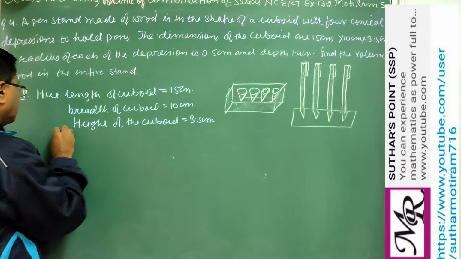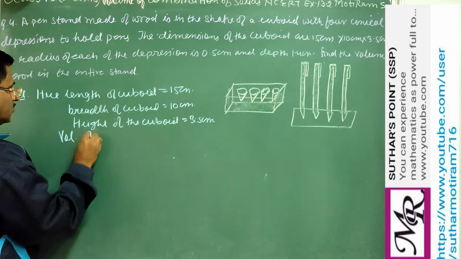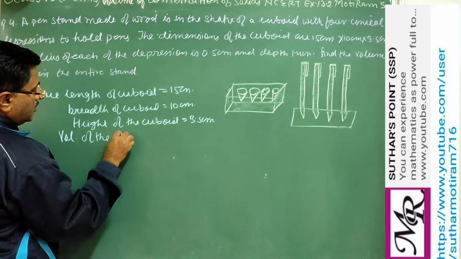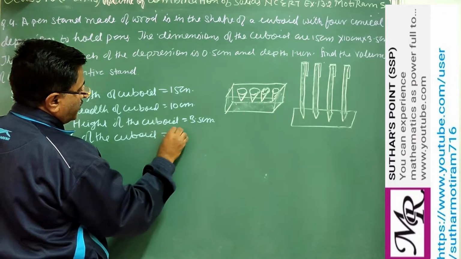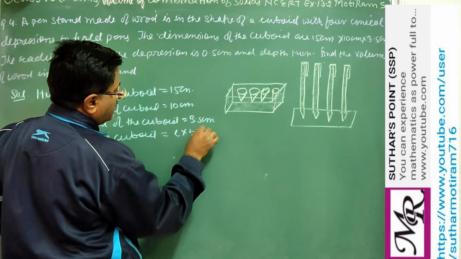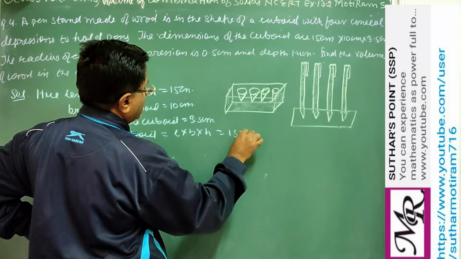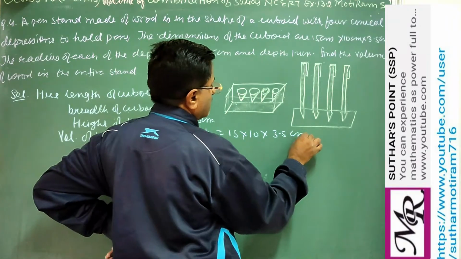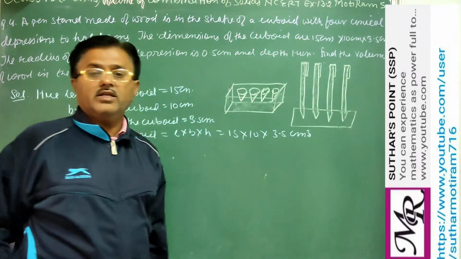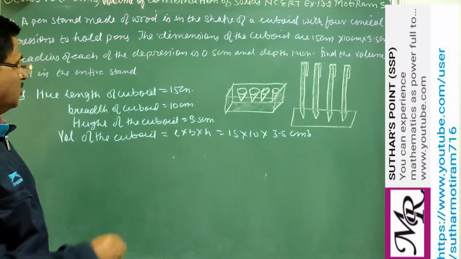So we know the volume of the cuboid formula, you already know, length into breadth into height, that is 15 into 10 into 3.5 cubic centimeter. So we get the volume of the cuboid.